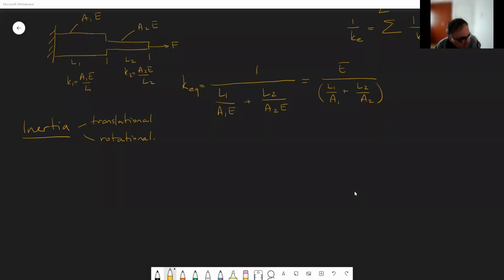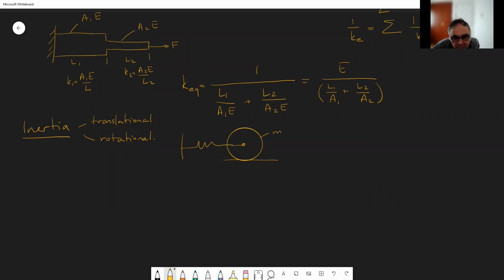So there is translational and rotational inertia. Well, there might be a combination of that, as I have shown you. For example, you might have the following system, which is a very simple mass.